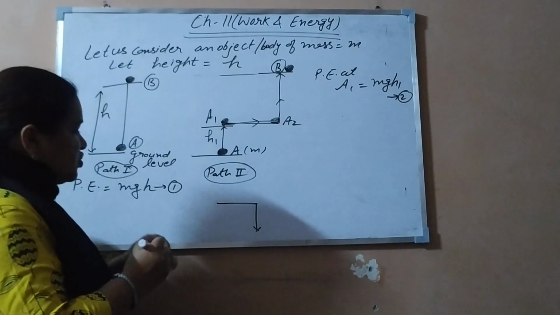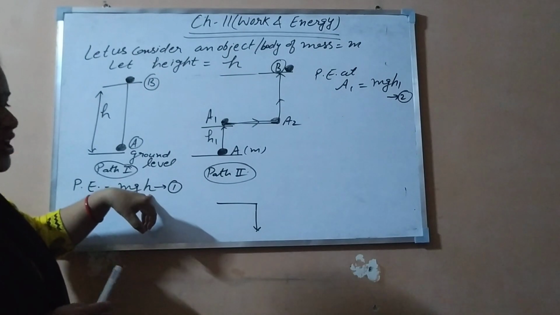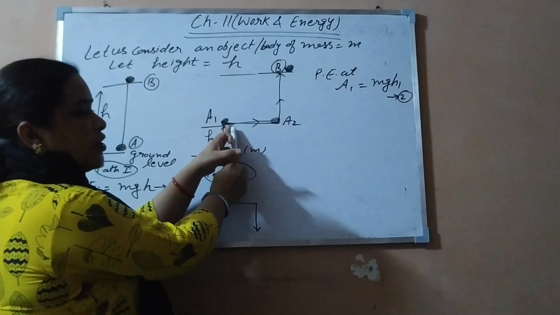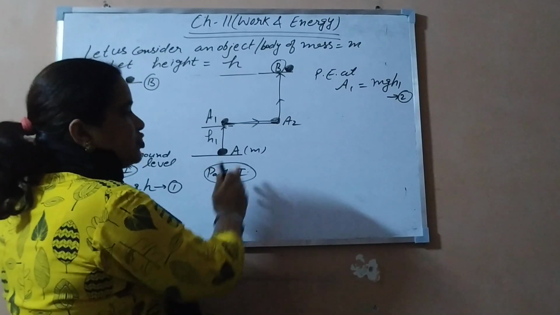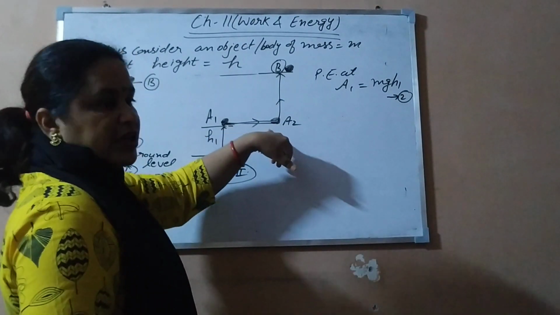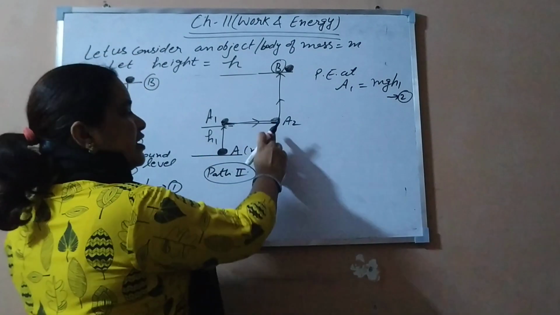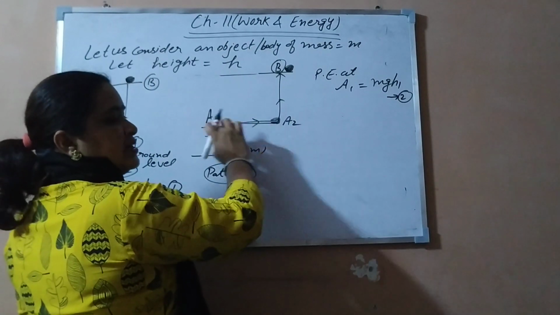You know that potential energy changes only if either the mass or the height changes. But when the body goes from A1 to A2, there is no change in height. So the potential energy at A2 is also mgh1, because the height is the same.